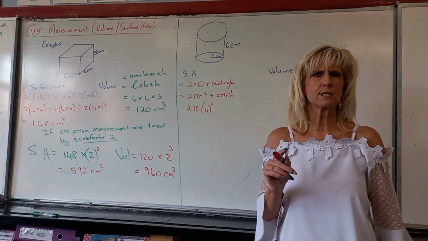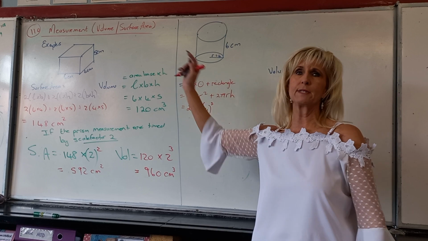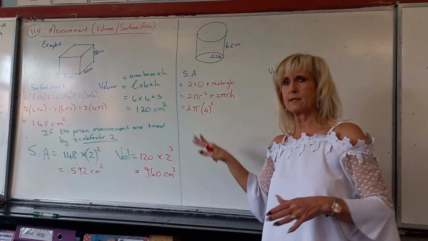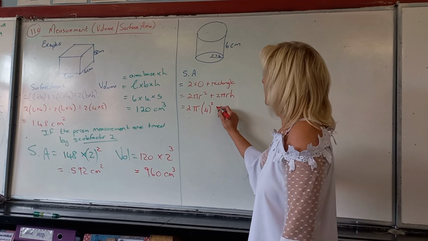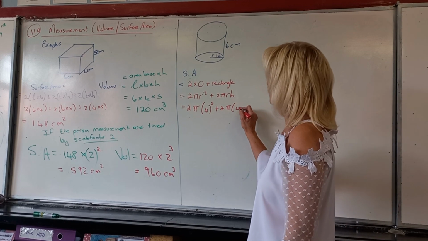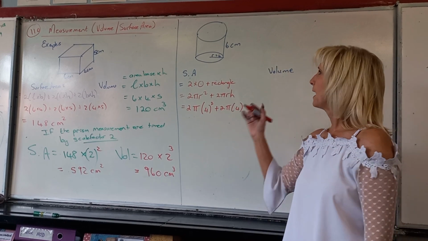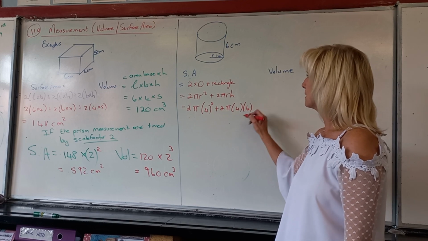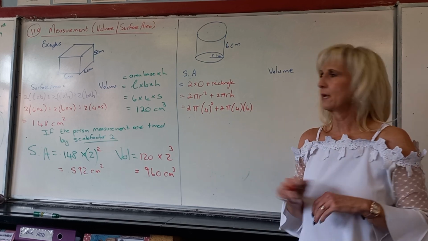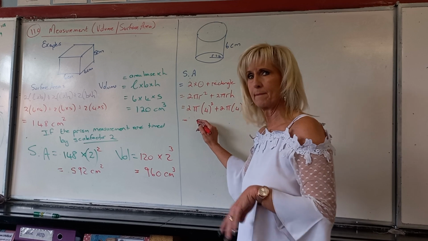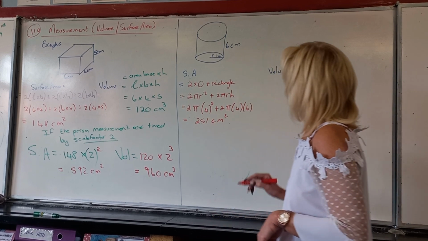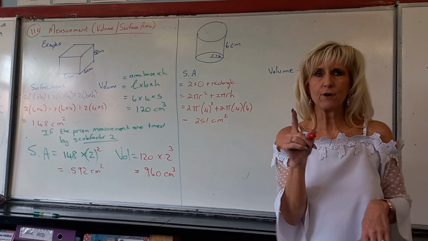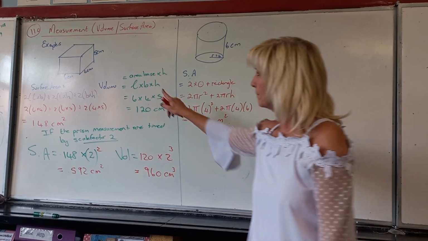Have you seen questions that they gave you the diameter is 8, so you just had to realize then the radius is 4? Little connections that you've got to go make. And then still the radius stays 4 for the side, and the height there was 6, in whichever way you want to write it. And I just need an answer, please. 251 centimeters. Thank you.